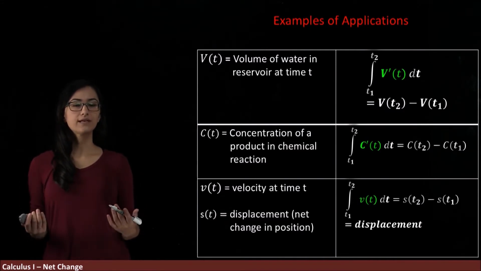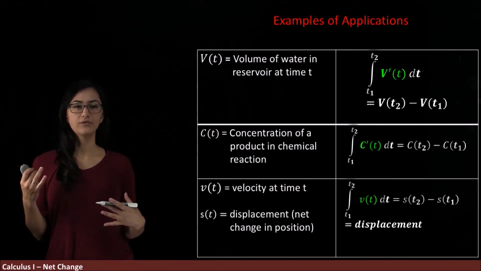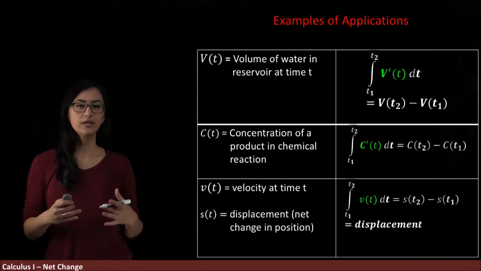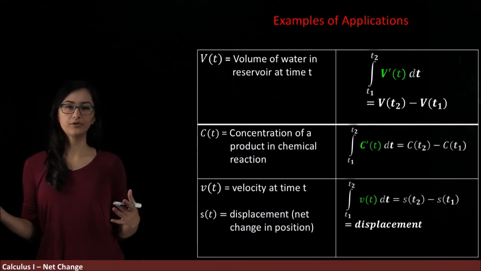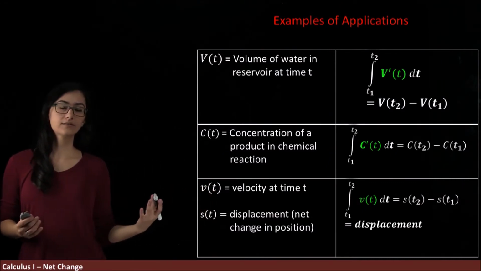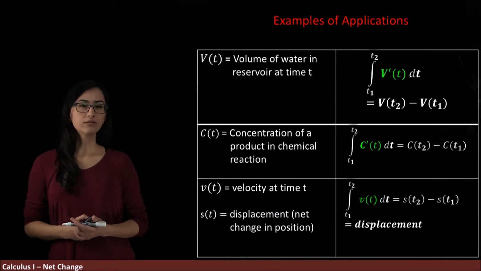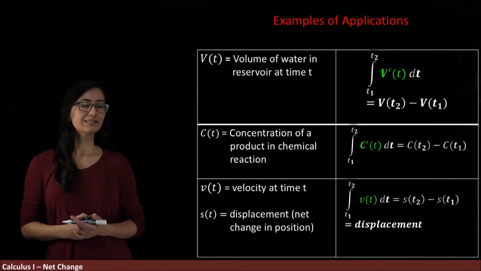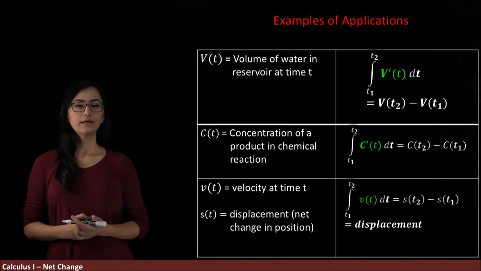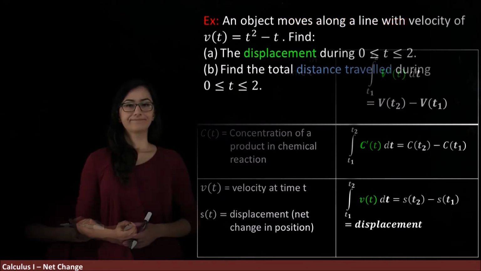So if your velocity function is getting both negative and positive values, which means that the moving object is moving in a negative direction for a period of time and then changes its direction and is moving in a positive direction, then the distance traveled is not equal to the integral of velocity, but it's going to equal the integral of the absolute value of the velocity.